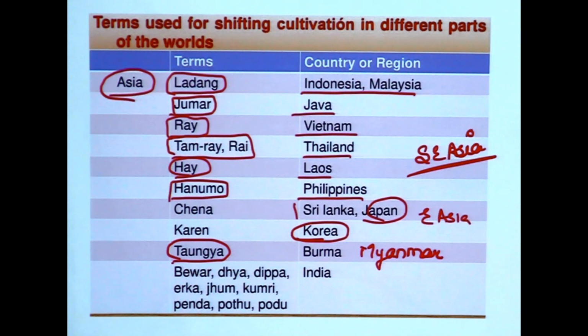And I also have Sri Lanka and India mentioned, so I am in South Asia. And the names that are being applied are Chena, Karen, and in our country it is Bewar, Jhum, Podu. These are the common names that we practice in our country. So in Asia, the term that is applied to denote shifting agriculture can be a good question for us to take into account. It is a factual thing, you have to sit with it to understand it.